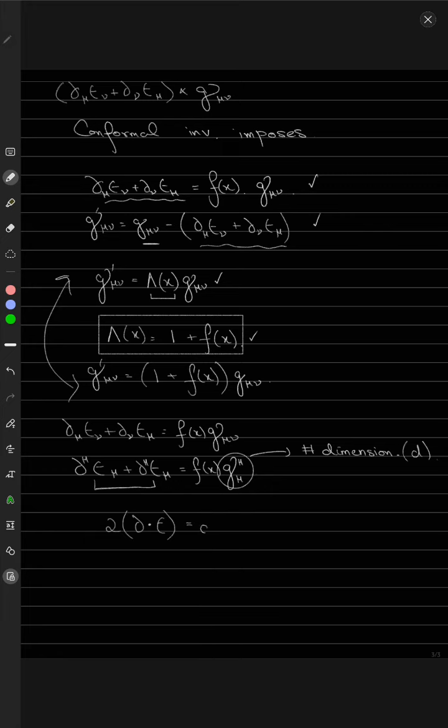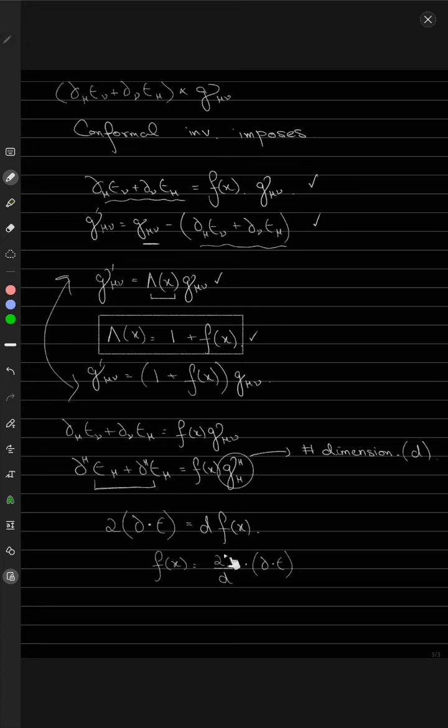So this becomes d times f of x. Remember, this d is the number of dimensions of the space. Having this at our disposal, we can now write f of x. The function is defined from this equation, and that is 2 over d times the dot product of partial and epsilon.